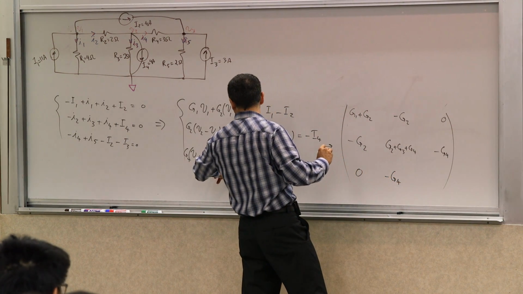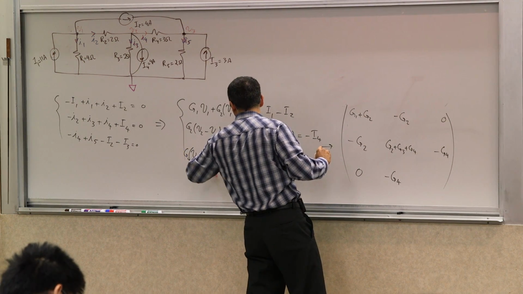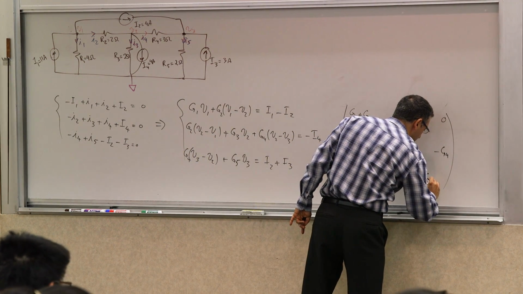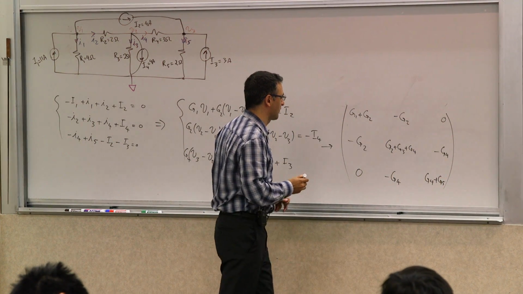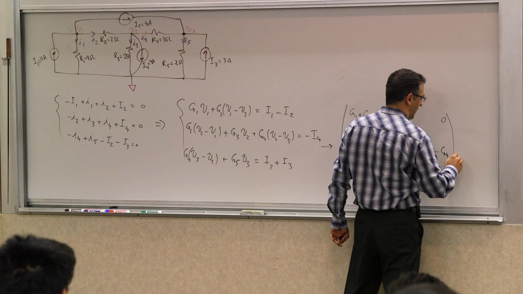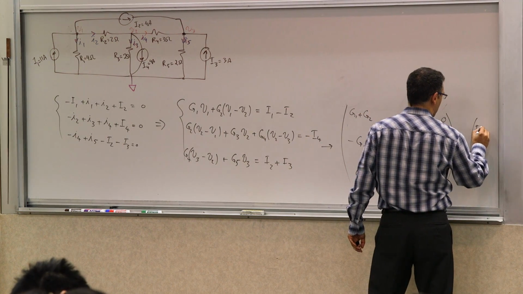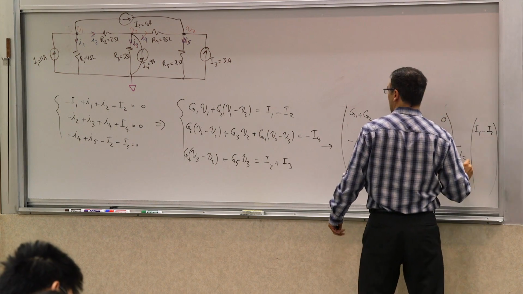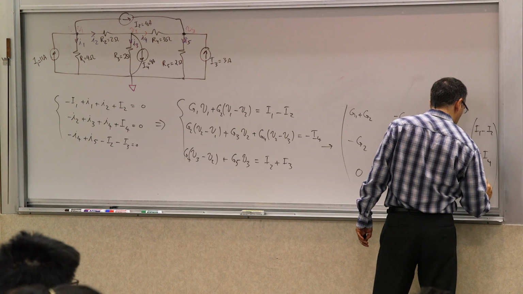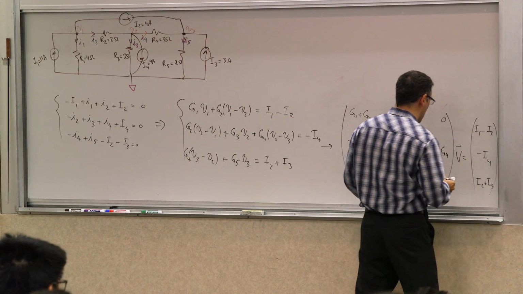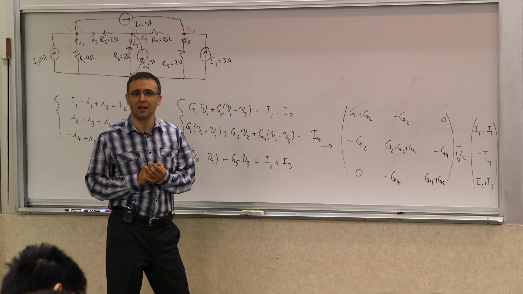And then a V3 term, which is G4 plus G5. Times the vector V equals I1 minus I2, negative I4, I2 plus I3.